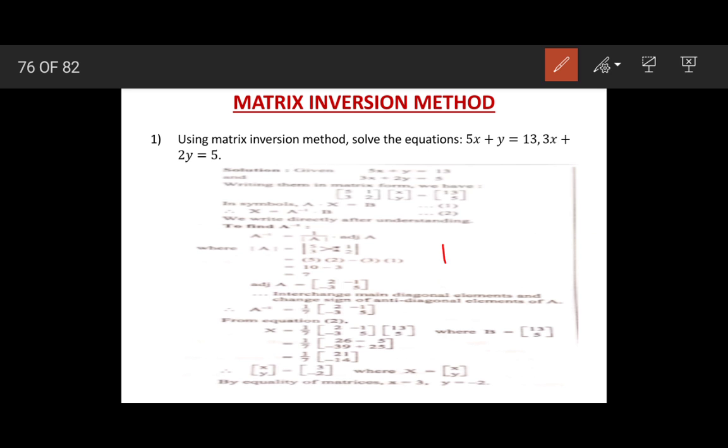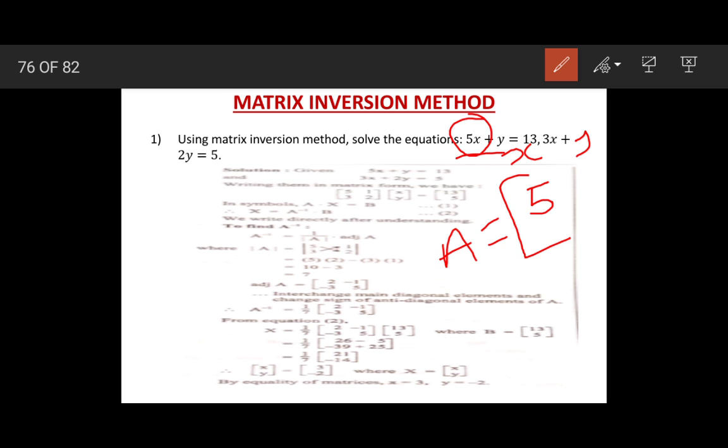Understood how to write the coefficient matrix, right? From the equation, we have to see how many variables there are. There are only two variables, x and y, so just write x and y above the matrix. Now take the first equation and check the number with x. The coefficient of x is 5.